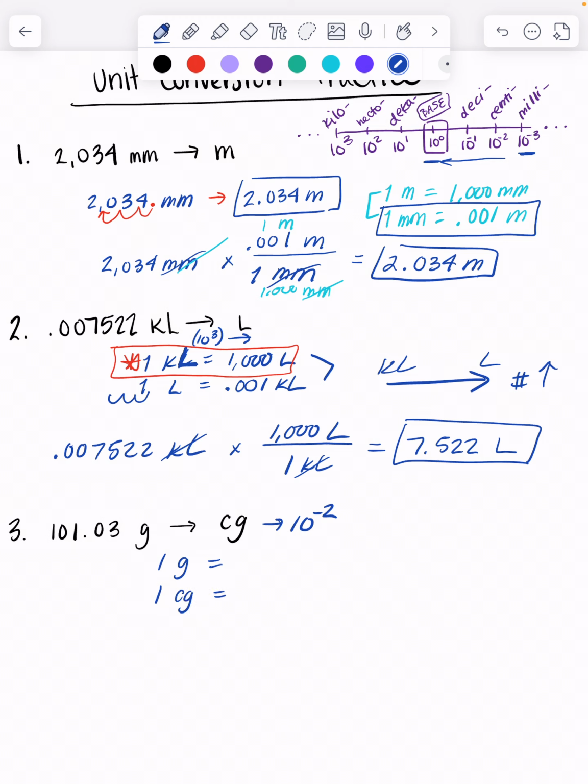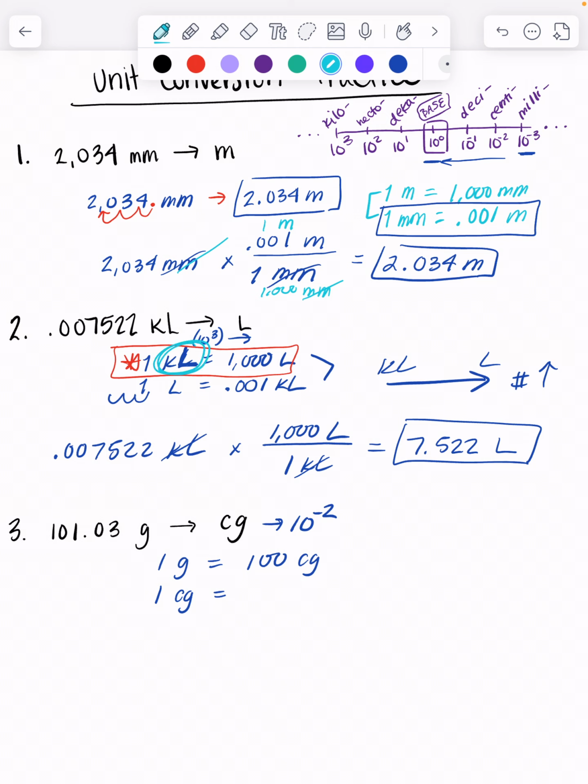So 1 gram, if I am going to centigrams, I am moving right on my unit timeline, which means that there are more centigrams per gram. So it's going to equal 100 centigrams. Note up here, switching colors, we're coming back up here.